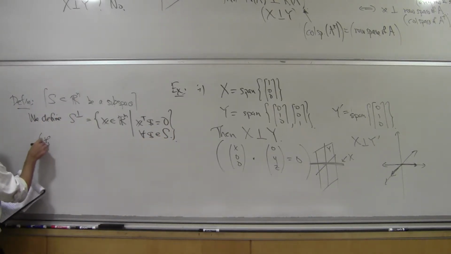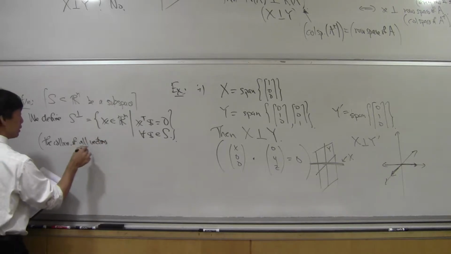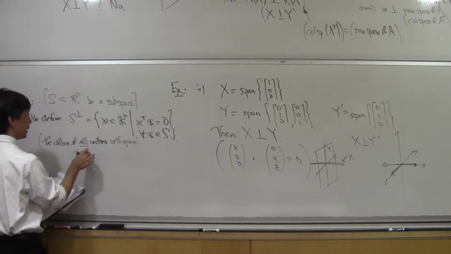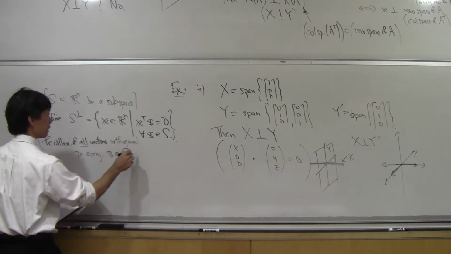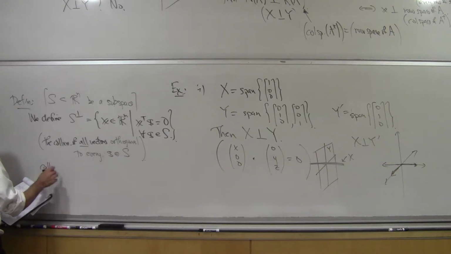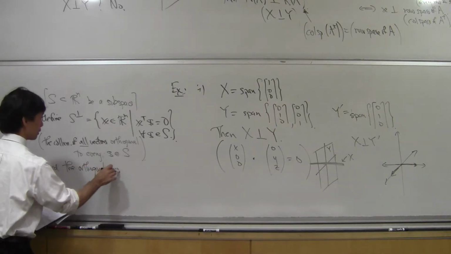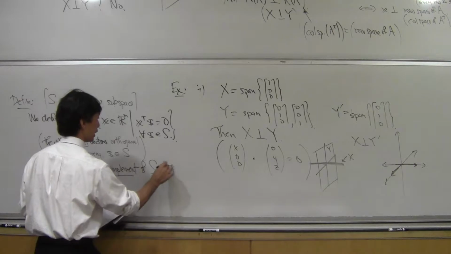In other words, the collection of all vectors that are orthogonal to every element of S. The collection of all vectors that are orthogonal to every s in S. And we call this thing the orthogonal complement of the subspace S in Rn.